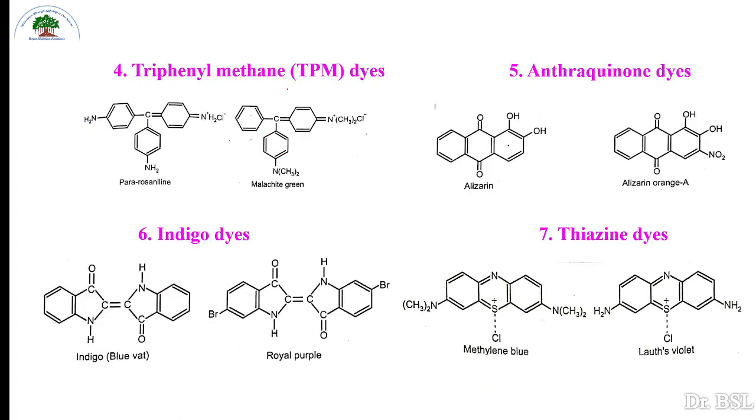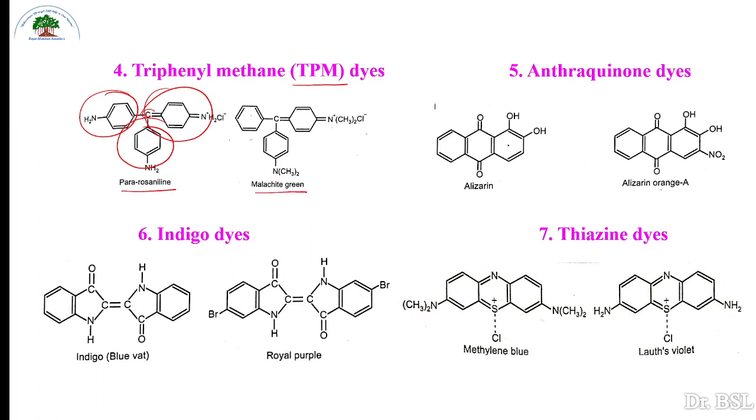Fourth one, triphenyl methane dyes, that is TPM dyes, and this contains central carbon with three phenyl rings. These phenyl rings sometimes may be aromatic and sometimes may be non-aromatic. But the condition is central carbon with three phenyl rings. These dyes are known as triphenyl methane dyes. Para rosaniline and malachite green.